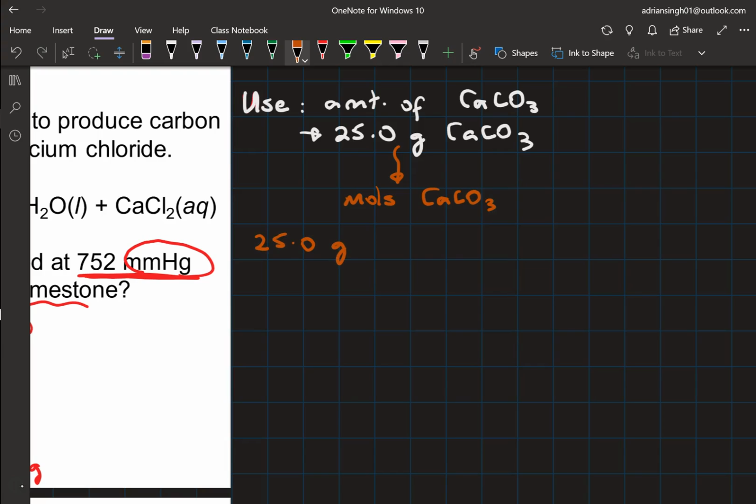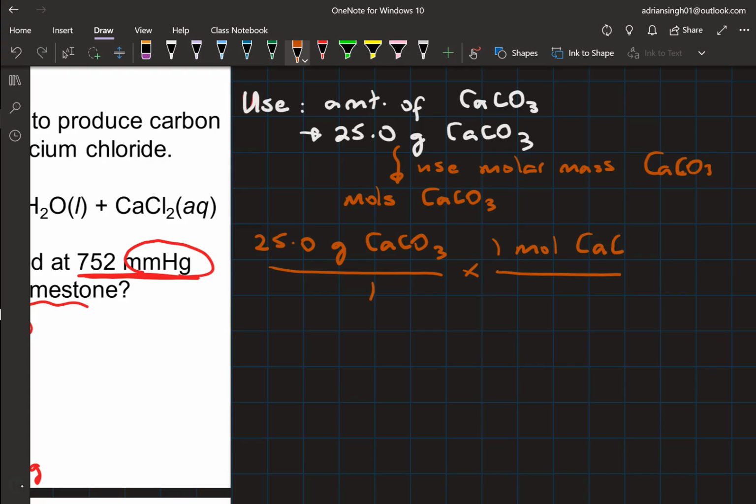We have 25.0 grams of calcium carbonate, and to get from grams to moles we use the molar mass of CaCO3. We can calculate that: we have 1 calcium, 1 carbon, and 3 oxygen. We add those together, which gives us 100.09 grams for the molar mass of CaCO3.